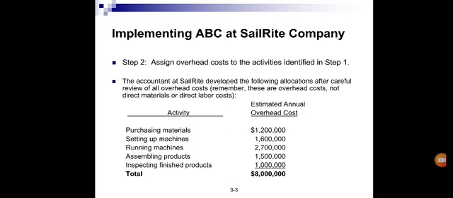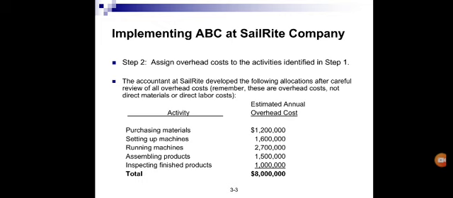The second step is to assign overhead costs to the activities identified in the step 1. Remember, I have told you before, in accounting, we have told you in the class that the good practice for a business is, before a new year is started, the business has to prepare a budget.